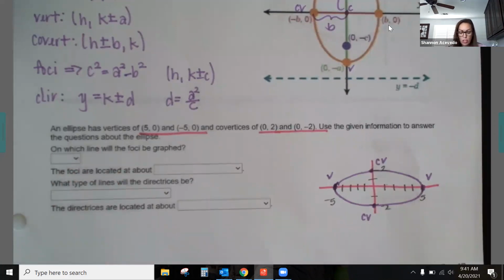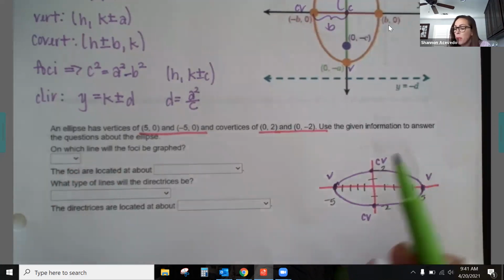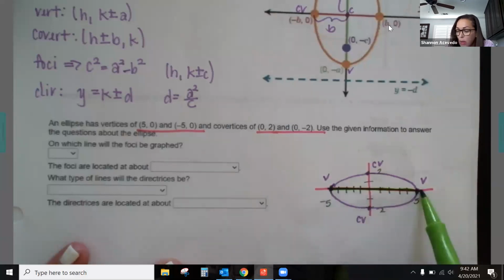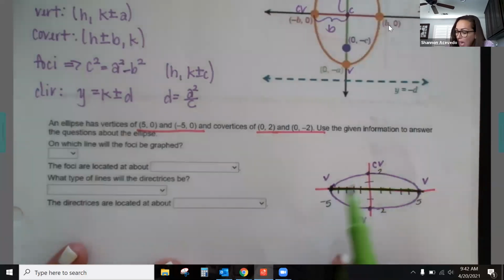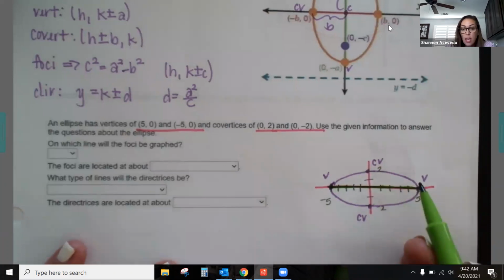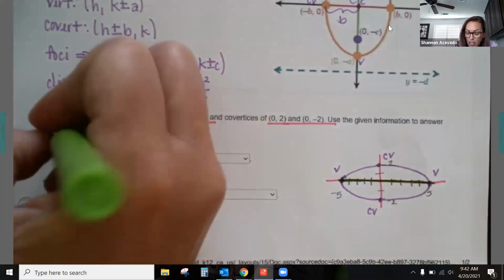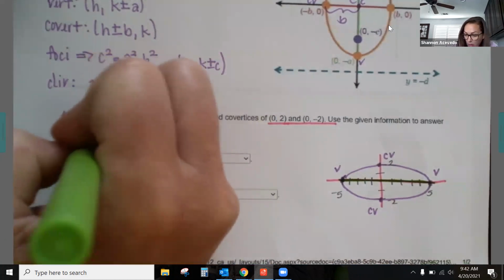Use the information to answer these questions. Well, remember, my foci are always going to be on the major axis, and the major axis goes from vertice to vertice. So my foci have to be on this line, and in this case, that is just my y is equal to 0 line.